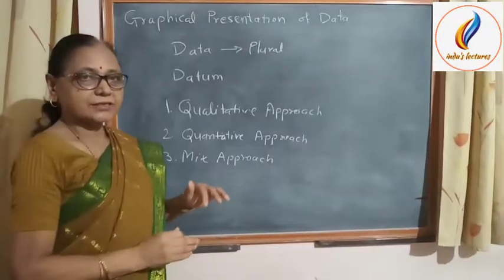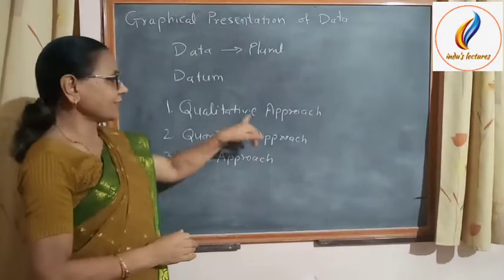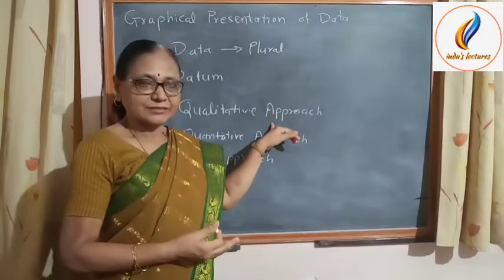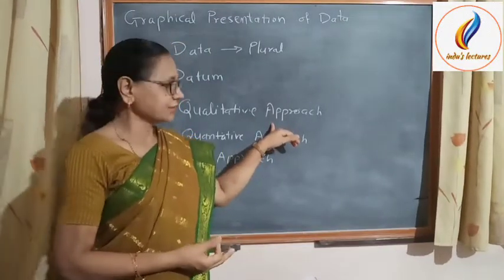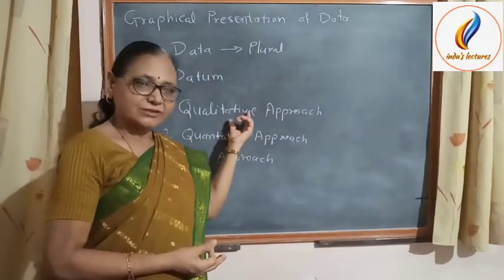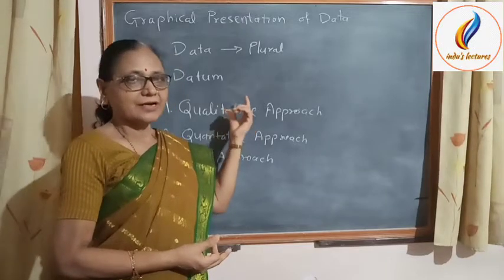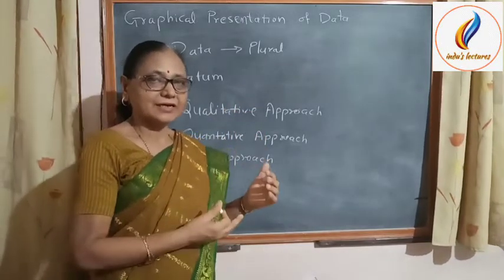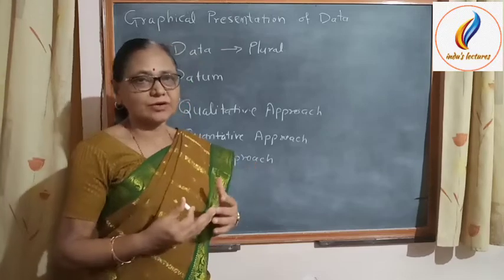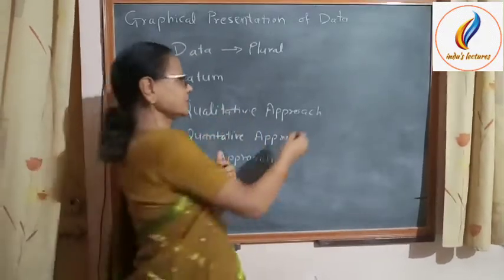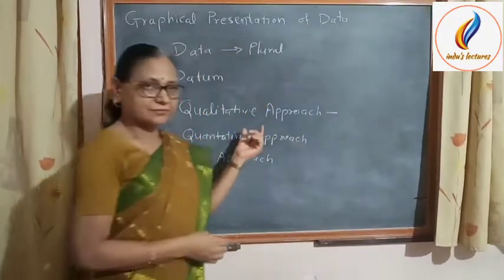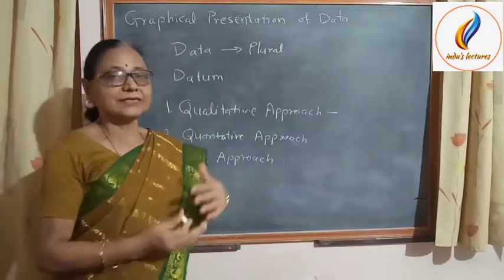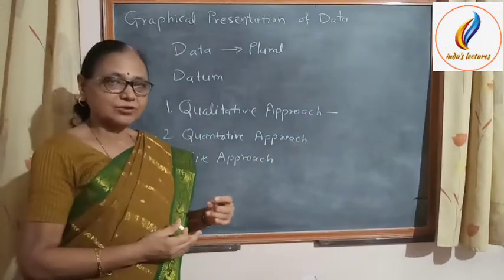When the researcher uses a qualitative approach, that means he uses document analysis or ethnographic research. In such research, the data may be collected in the form of description. That means the data in the form of description is called qualitative data. The form of collected data is descriptive, so such data is called descriptive data.